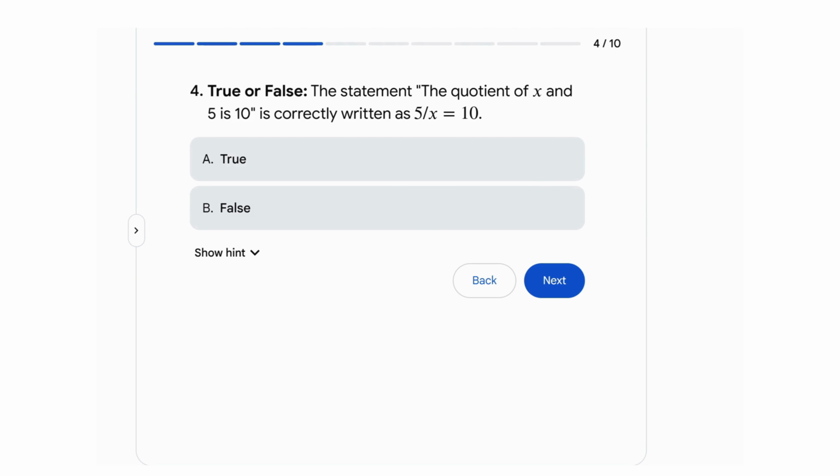True or false? The statement, the quotient of x and 5 is 10, is correctly written as 5 over x equals 10. The quotient of x and 5 is 10, so that's x over 5 equals 10. That is false.